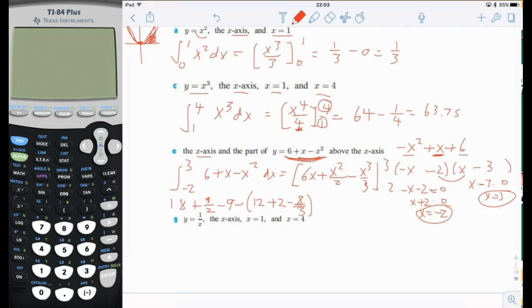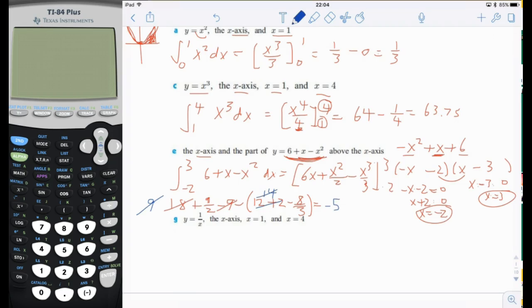Wow, that's a mess, huh? Okay, and so let's simplify that. So we have 18 minus 9, that is going to give us 9. We have 12 plus 2, which gives us 14. We have 9 minus 14, which is going to give us negative 5.